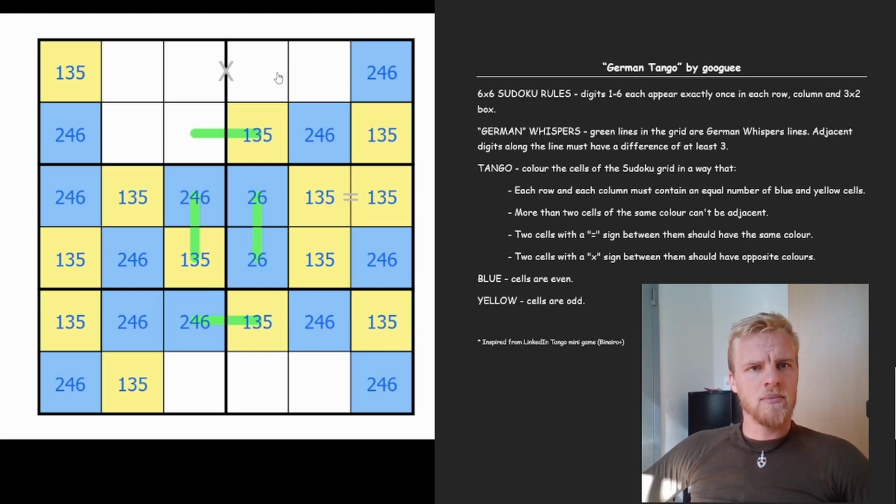So we do know that those are not the same color. So if this is blue, this needs to be yellow. And this can't be blue. So this needs to be blue. This needs to be blue. And this needs to be blue.